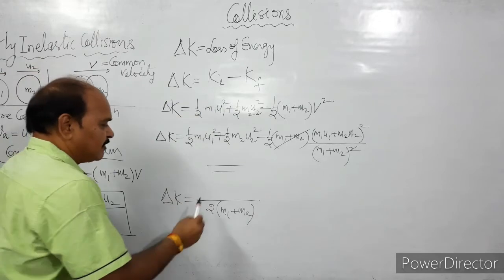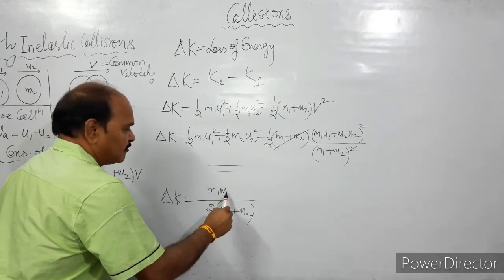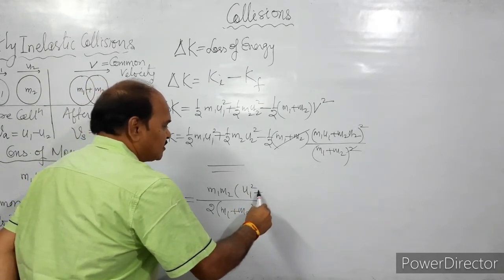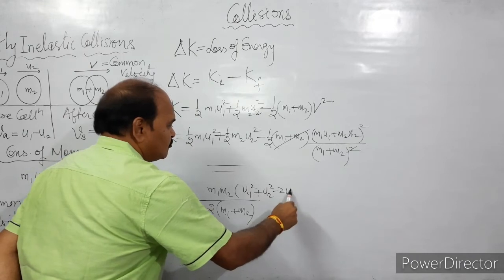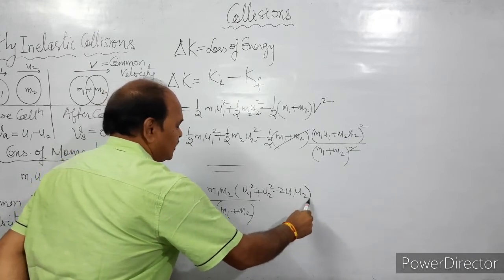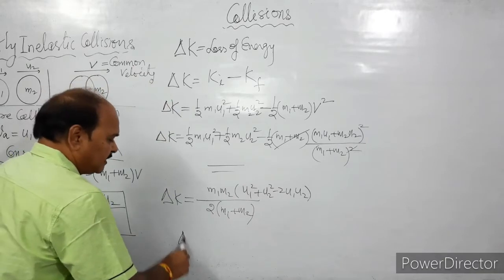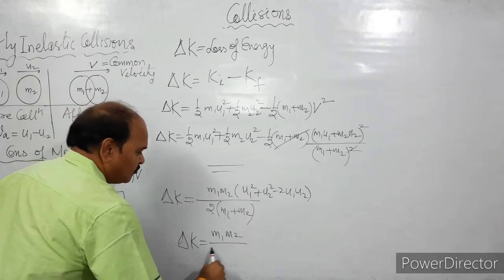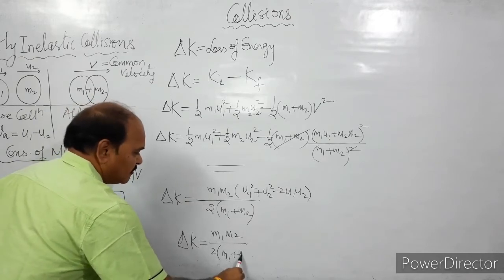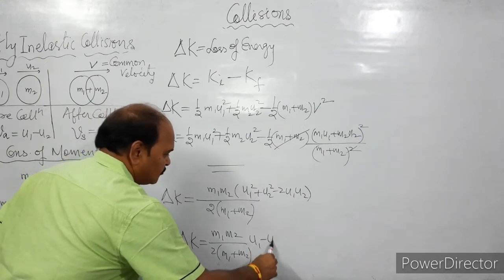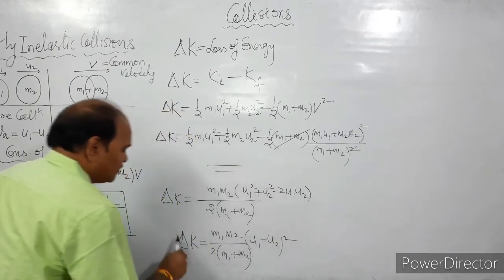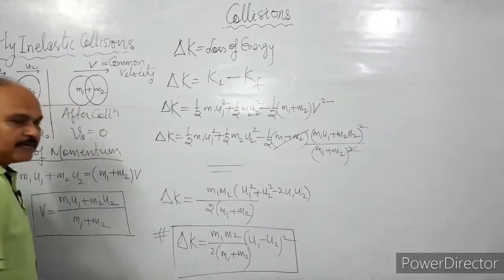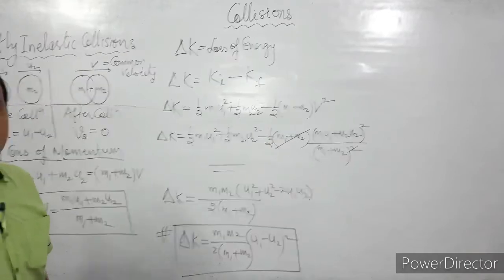What do we get in the bracket? m1 m2 times (u1 square plus u2 square minus 2 u1 u2). Or we can write it as delta K is equal to m1 m2 upon 2 (m1 plus m2) times (u1 minus u2) whole square. So this is the value of loss of energy during perfectly inelastic collision.